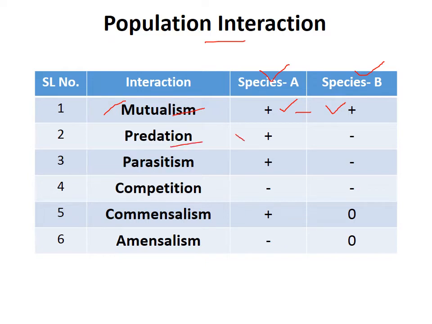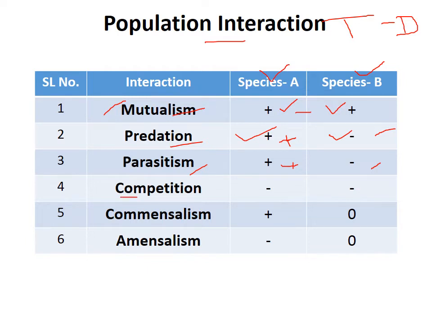Predation means one species gets benefit and the other species gets a negative effect, like a tiger eating a deer. The tiger is positive and the deer is negative. Then parasitism. The parasite is positive, whereas the host is always negative.